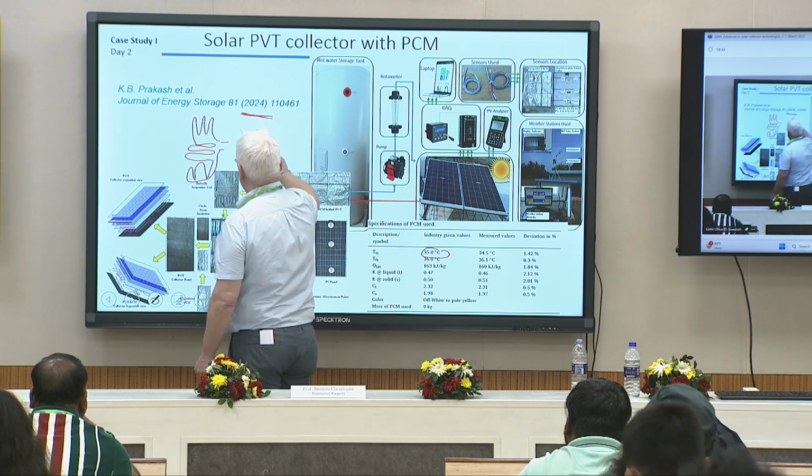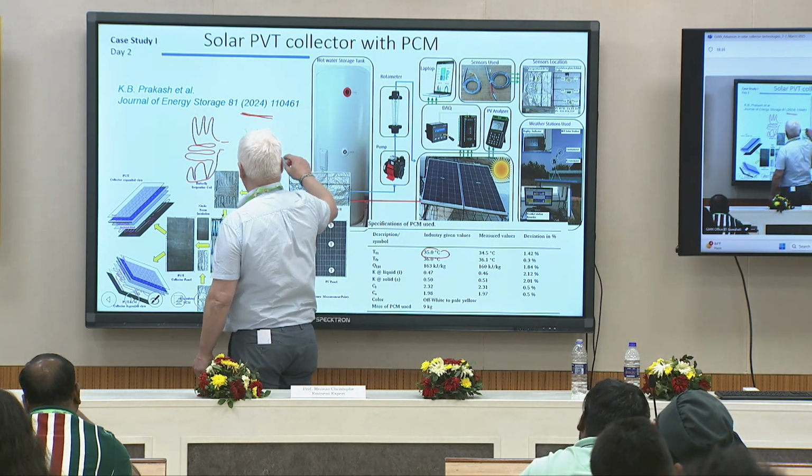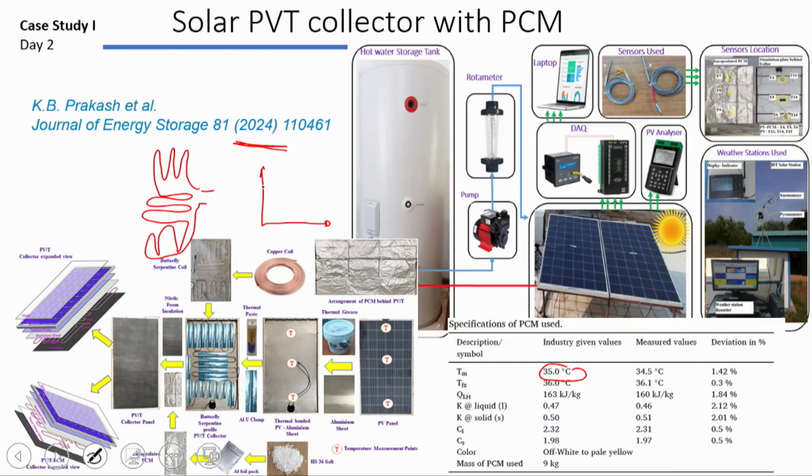If you plot the solar thermal efficiency of a collector, the efficiency depends on a ratio depending on the water temperature minus the ambient temperature.